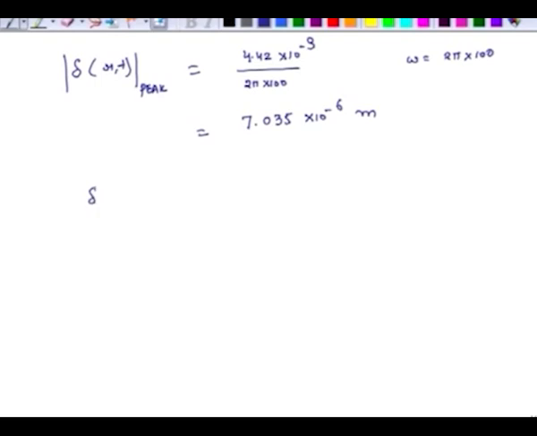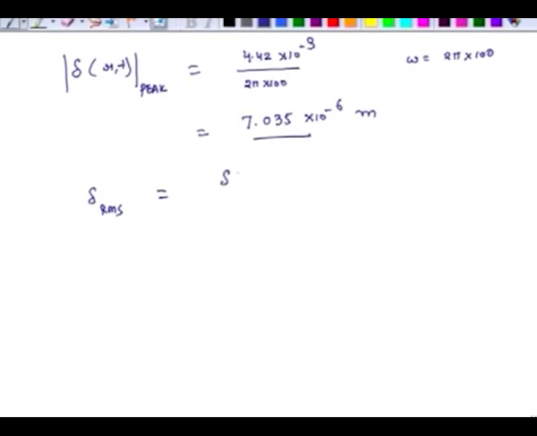And thus, my RMS value is this number divided by square root of 2, because our signal is of a sinusoidal form.